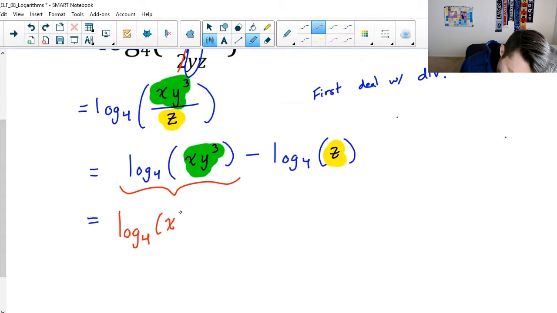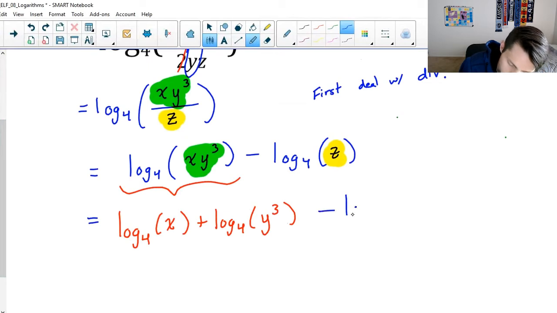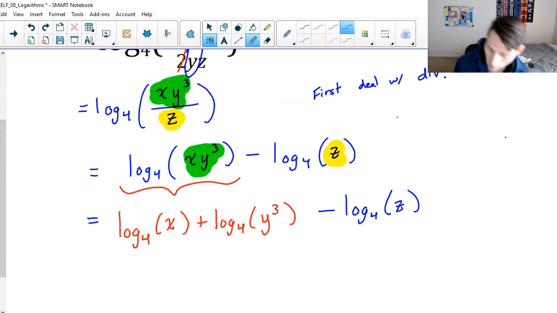So the first thing being multiplied, x, plus the second thing being multiplied, which is y cubed, minus log base 4 of z.